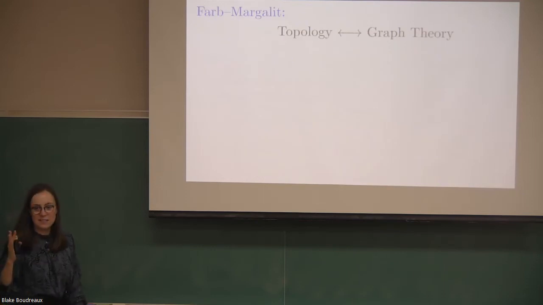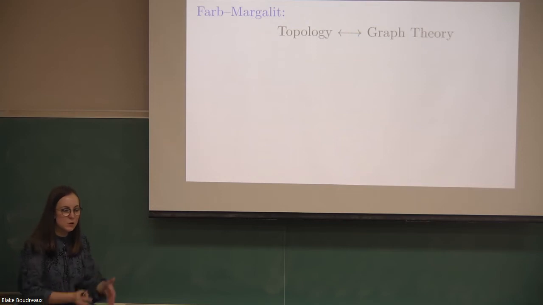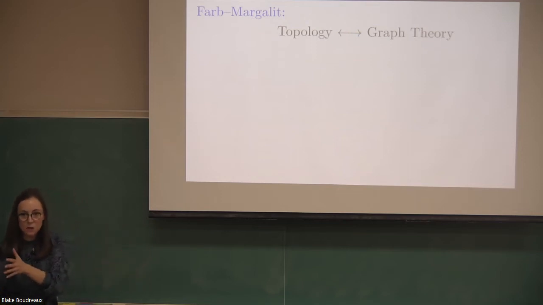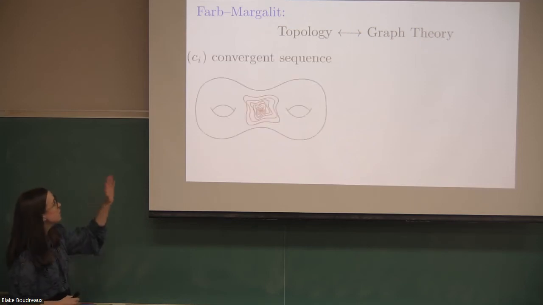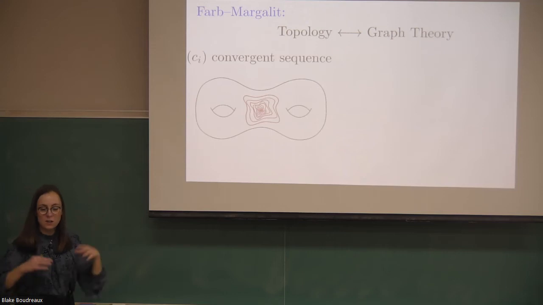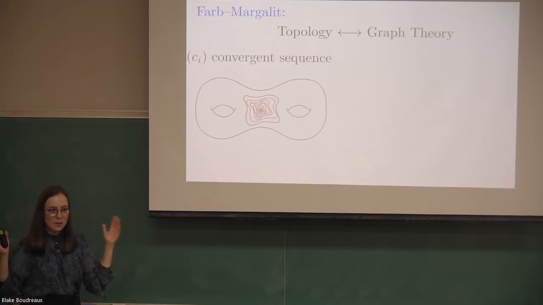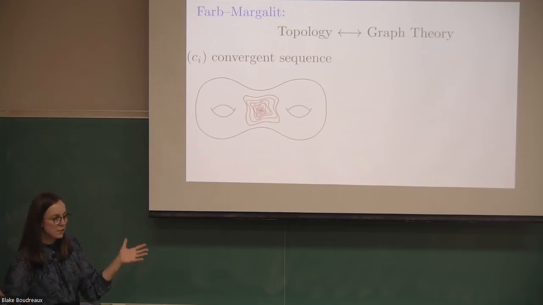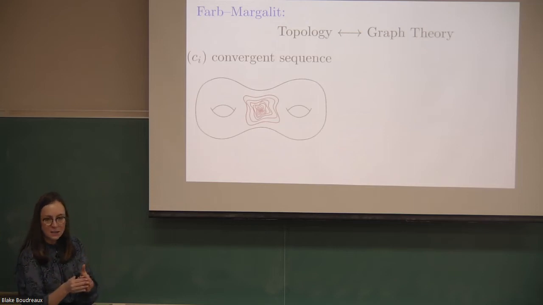Verberne and Margalit studied the extended fine curve graph, and they were able to show that there's a correspondence between the topology of the surface and the graph theoretical information in the fine curve graph. They were able to show that you can define what they call convergent sequences. We say that a sequence of curves converges to a point X if every neighborhood of the point X contains all but finitely many of the curves in the sequence.